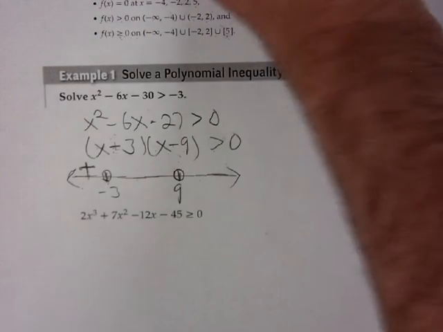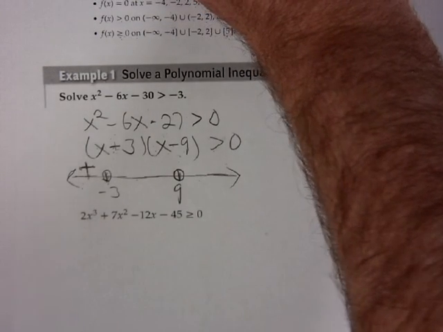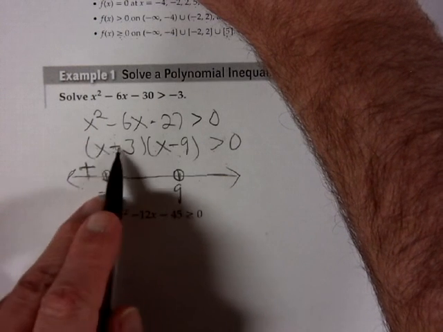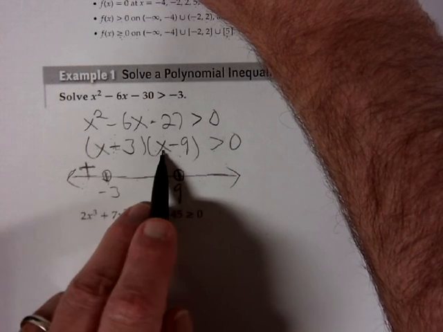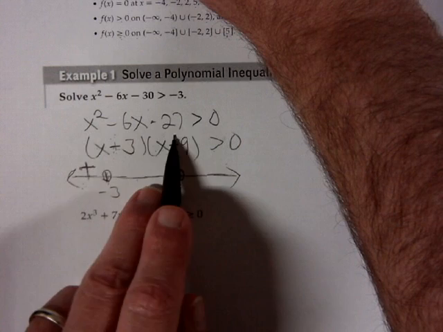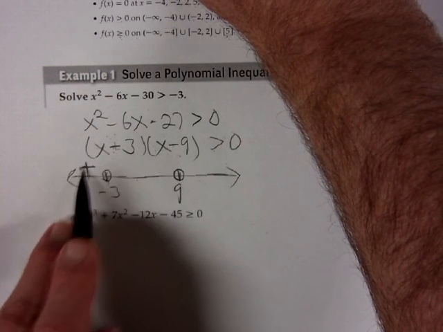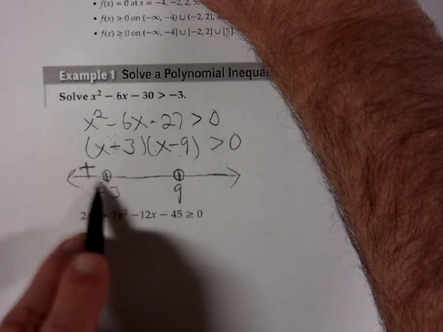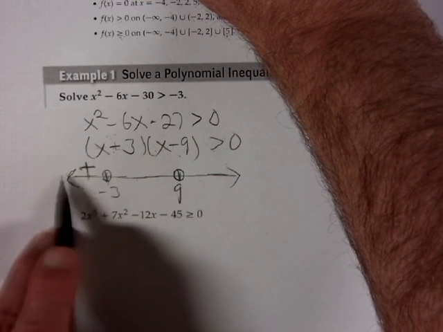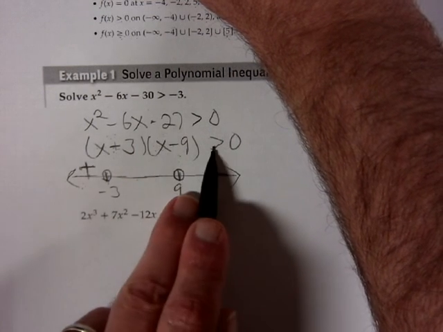Because like I say, -4 plus 3 is -1, and -4 minus 9 is -13. Negative times a negative makes a positive, and so anything that I plugged in this region on the number line would yield a positive result, right?